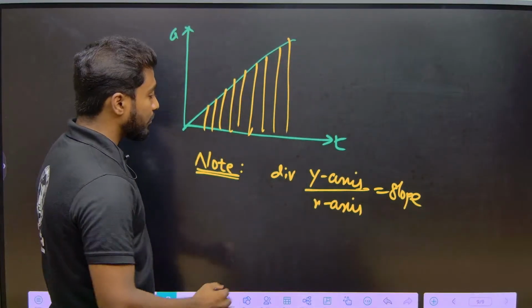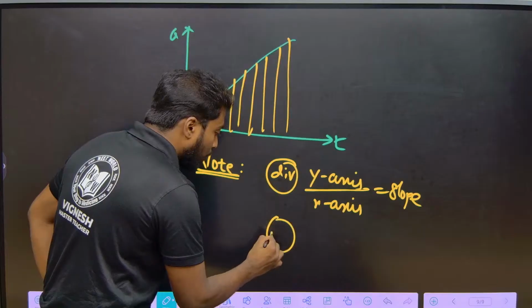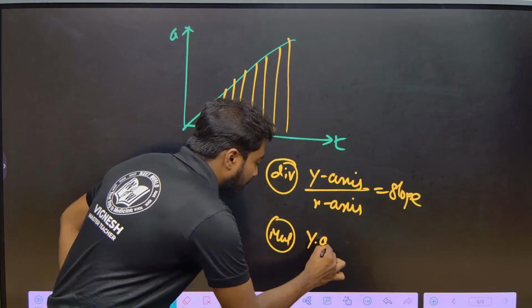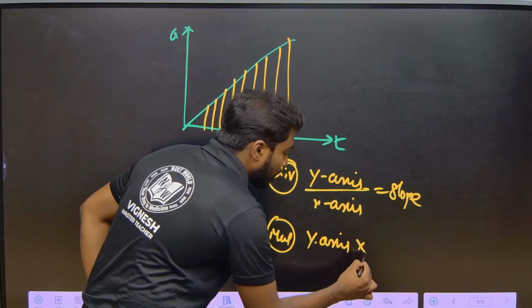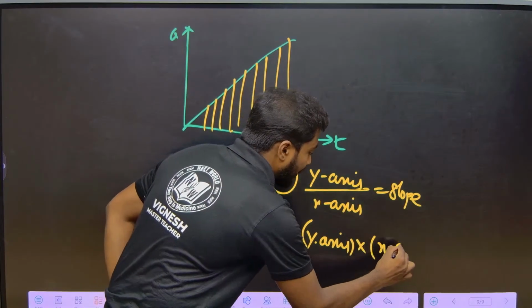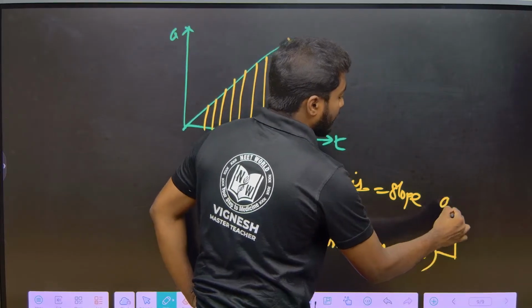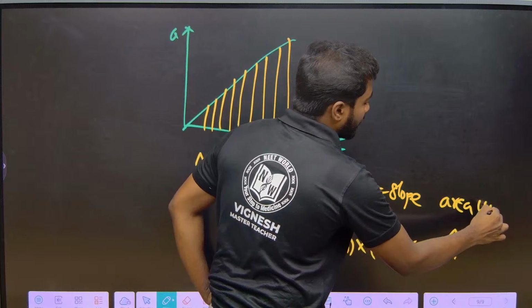Now the point is, whenever you multiply the y axis and the x axis, y axis into x axis, you will get the area under the graph.